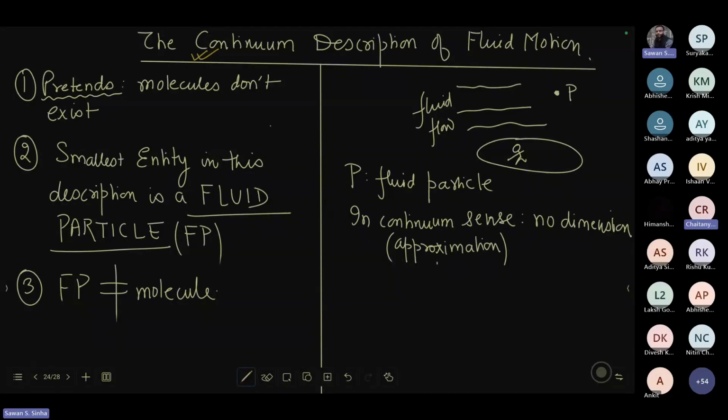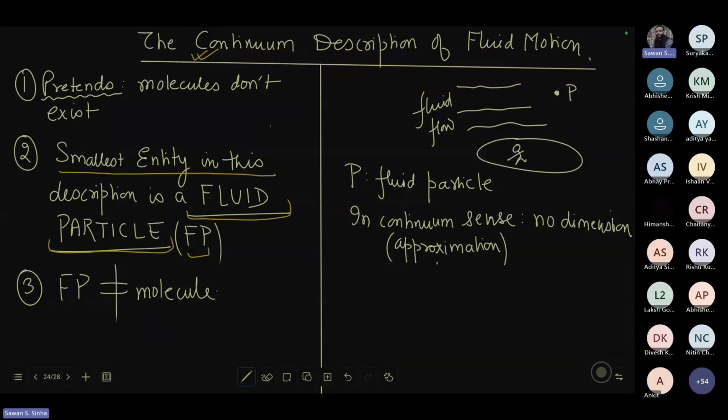It doesn't see a fluid in terms of molecules. Continuum description says that the smallest entity in a fluid flow is what we call a fluid particle.